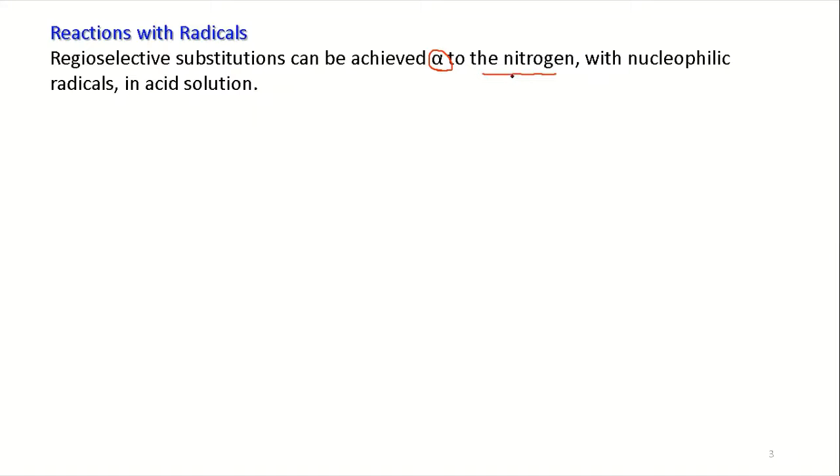That carbon is the most reactive center with nucleophilic radicals. In your first semester, you came to know what the electrophilic radicals and nucleophilic radicals are. So what is the reaction, and how will we achieve the radical reaction?